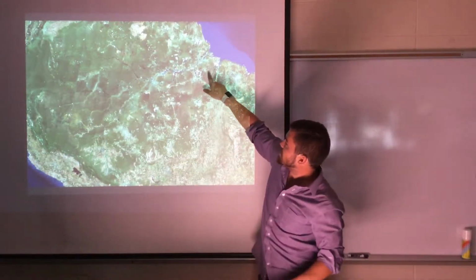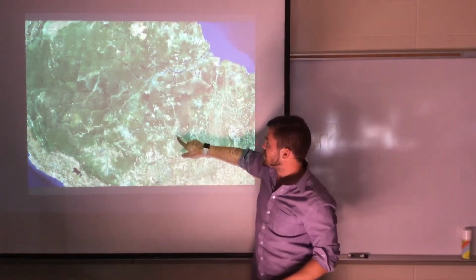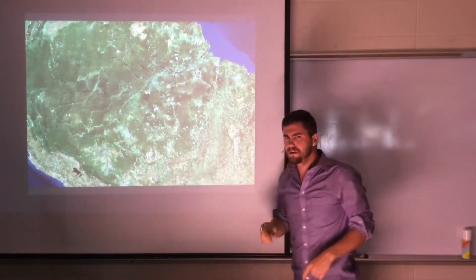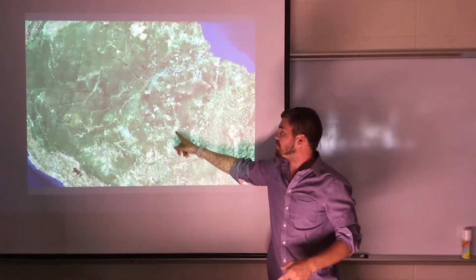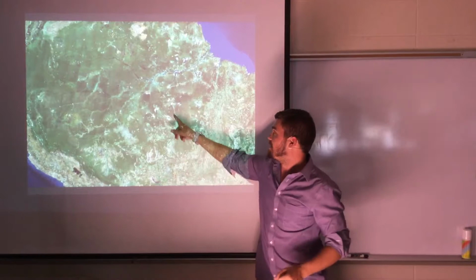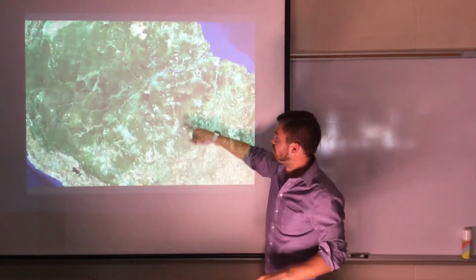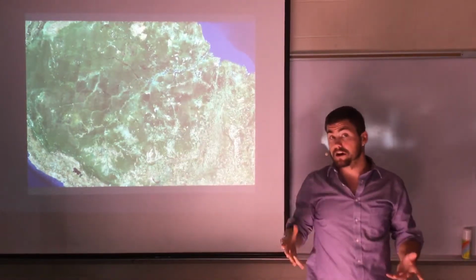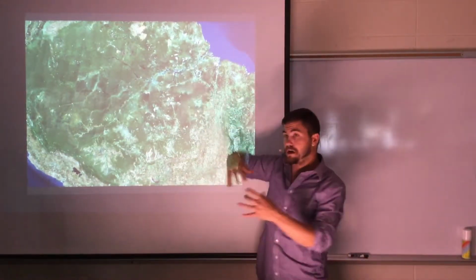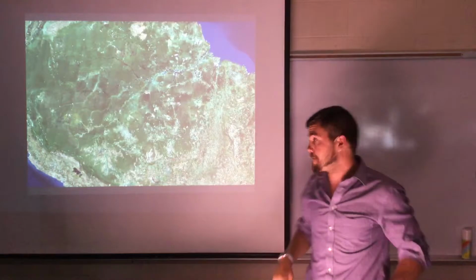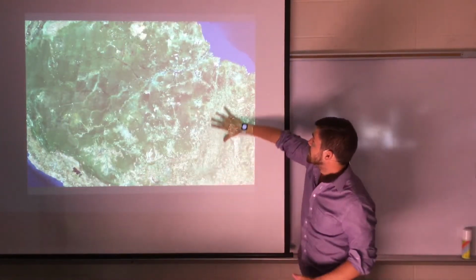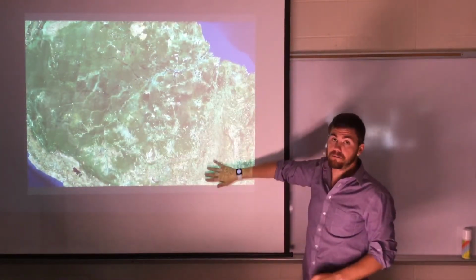But if you can see these streaks right here where it's very light in color, what is that? Well, this is where we've been clearing the forest, and so these long streaks, and they go for hundreds and hundreds of miles, those are just logging roads, and on either side of the streak we're cutting down trees for that. Now, right here, this has been totally clear cut.